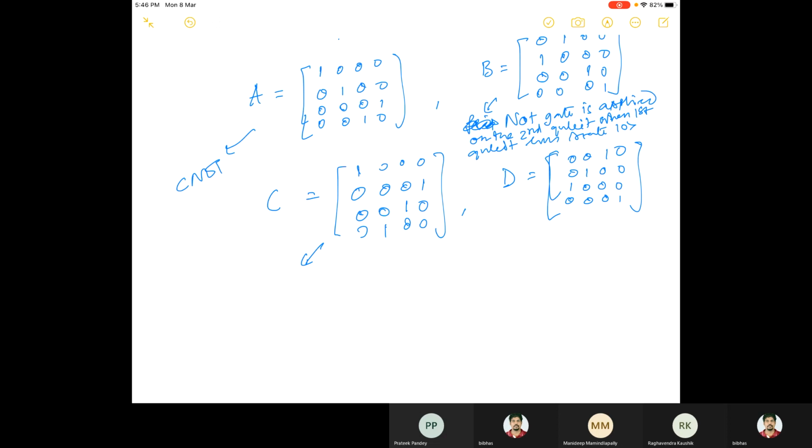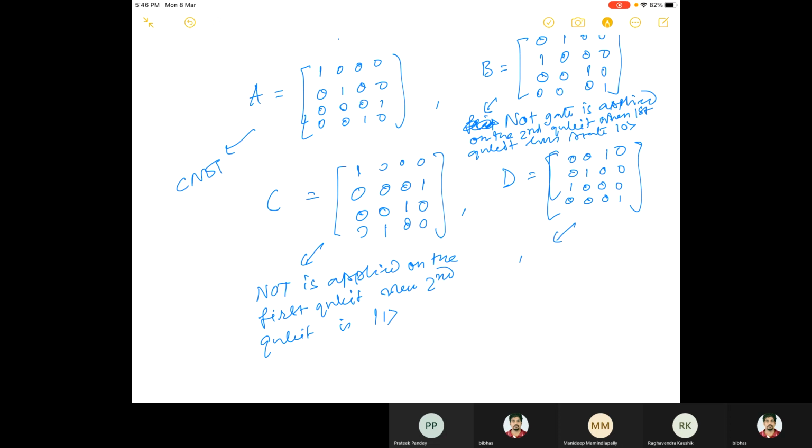So you can check that NOT is applied on the first qubit when the second qubit is 1. The state of the second qubit is 1.